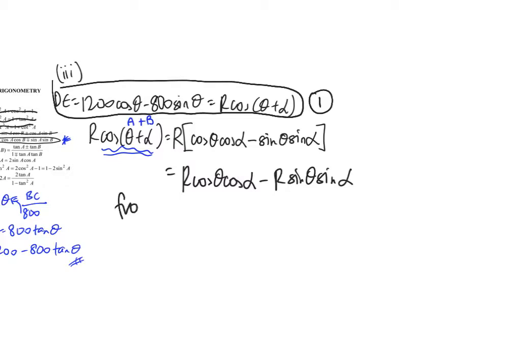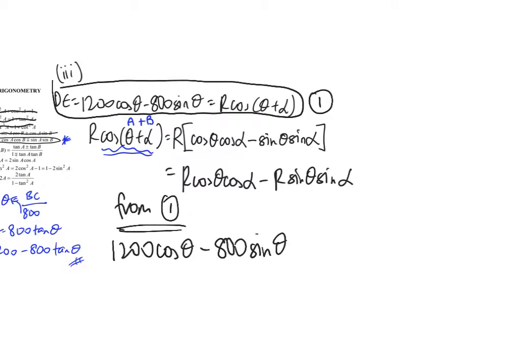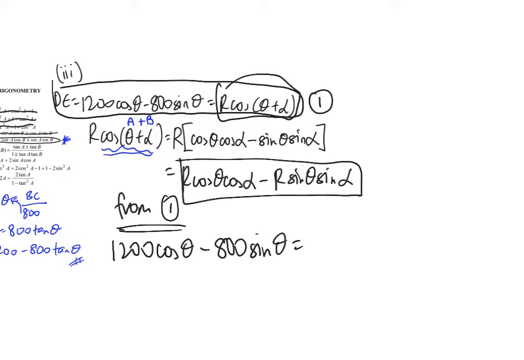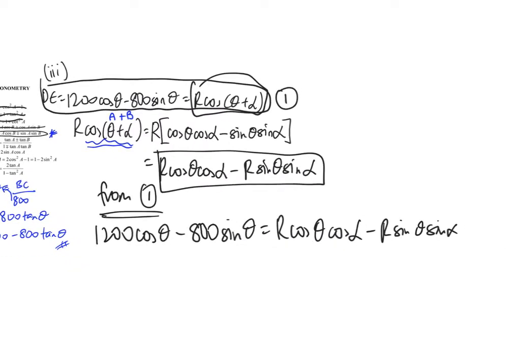So from equation 1, what we have is 1200 cosine theta minus 800 sine theta will be equal to R cos theta plus alpha, right? Now this part here, we have already split it out into this part. So this is the same as R cos theta cos alpha minus R sine theta sine alpha.